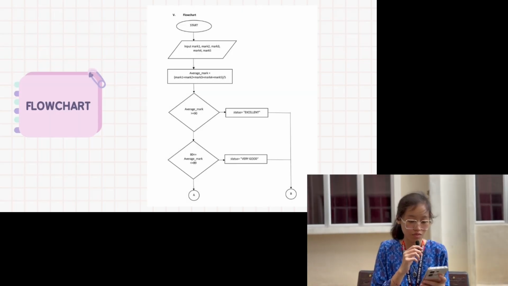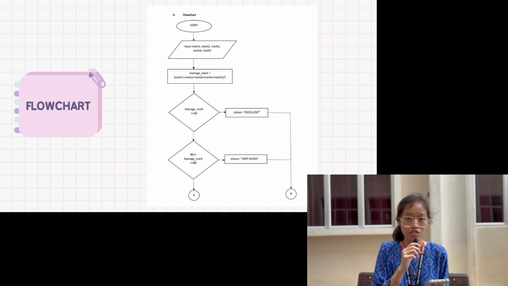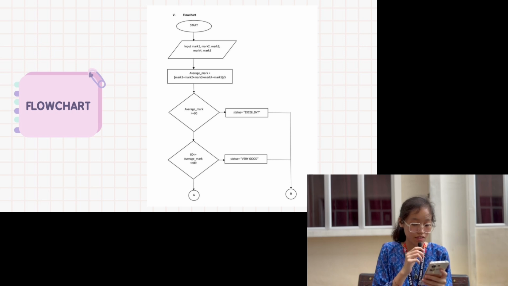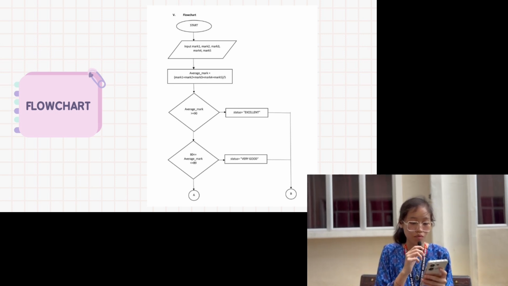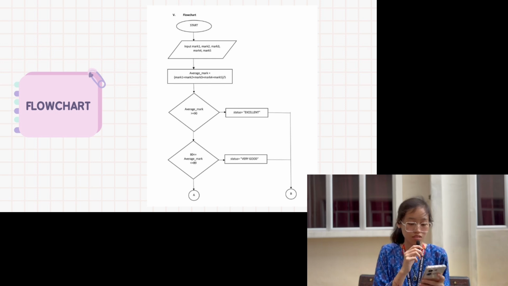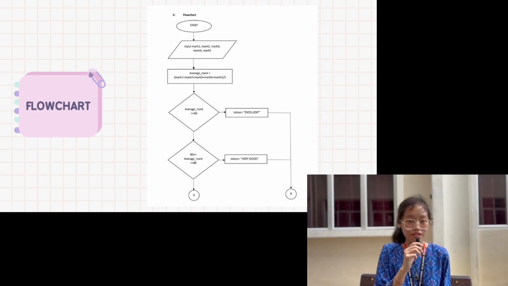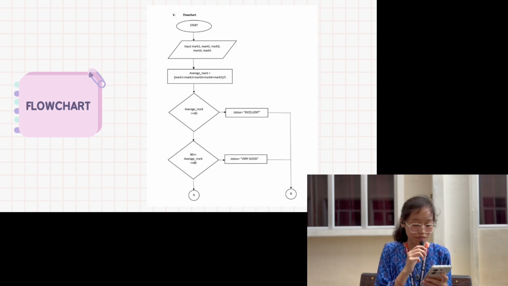And for the flowchart, we will start with start and input Mark 1, Mark 2, Mark 3, Mark 4, and Mark 5. For process, average mark equals Mark 1 plus Mark 2 plus Mark 3 plus Mark 4 plus Mark 5 divided by 5.